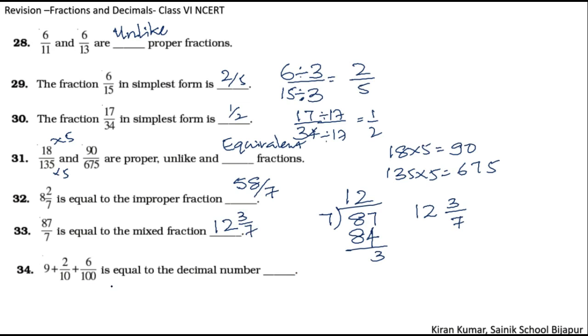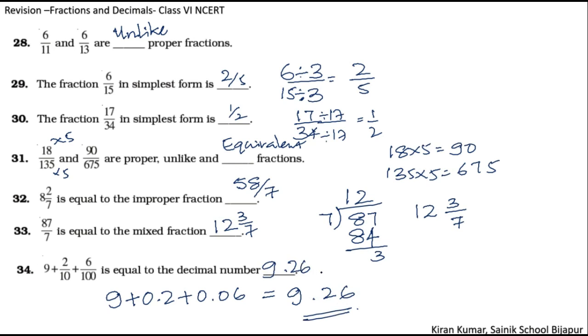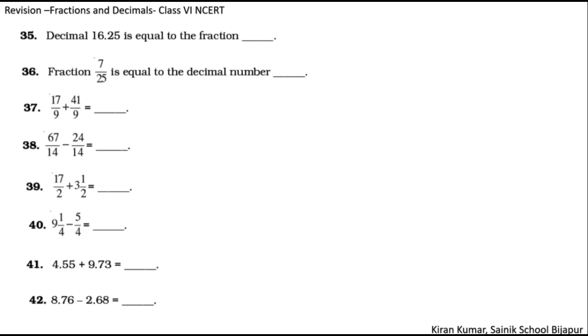Next one, 9 plus 2 by 10 plus 6 by 100 in the decimal will be equal to, this is nothing but 9. This one will be 0.2 plus 0.06. Add them up, we get 9.26. So it is 9.26. 35th one, the decimal 16.25 is equal to the fraction. This should be written as 1625 by 100.